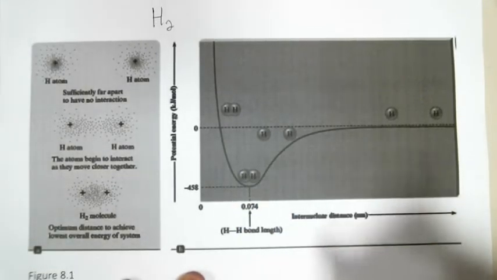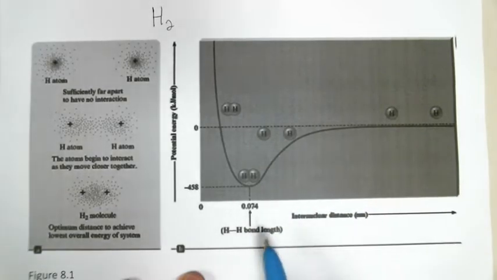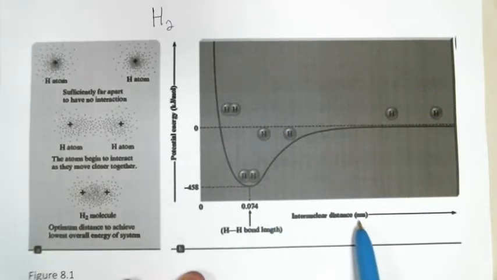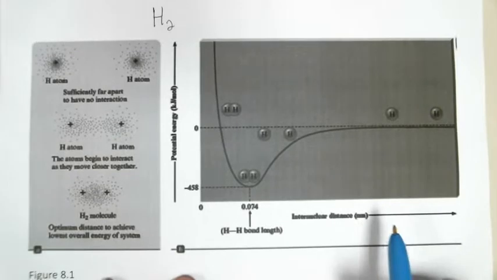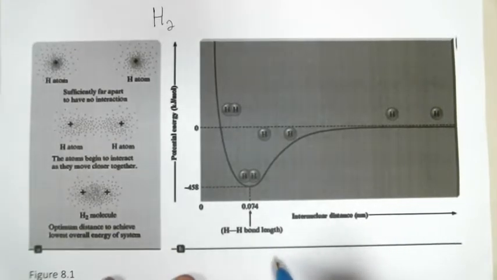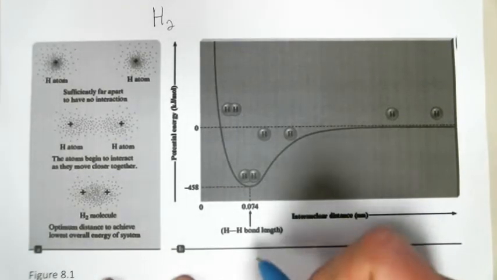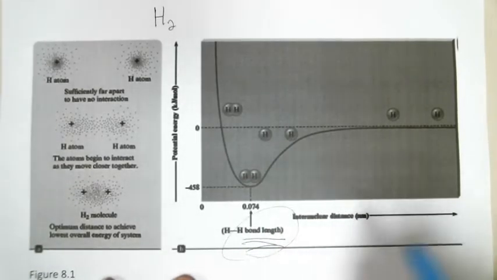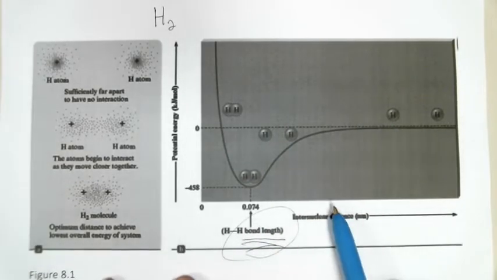And then for the hydrogen molecule, the distance between the nuclei is 0.074 nanometers. I don't know if you can read that, but you can read it in your book or in the handout. And that's what we defined as the bond length. So right there is the bond length, okay? And then separate atoms out here.